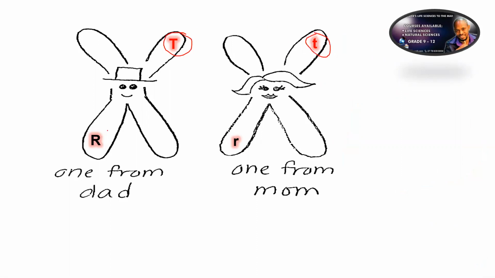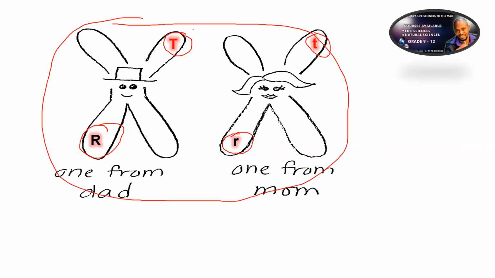And I have here for fruit color, it could be red fruit, which is dominant, and green fruit, recessive. Okay. This is one individual, and these are the kind of chromosomes he has in his karyotype. The chromosomes here are homologous chromosomes.